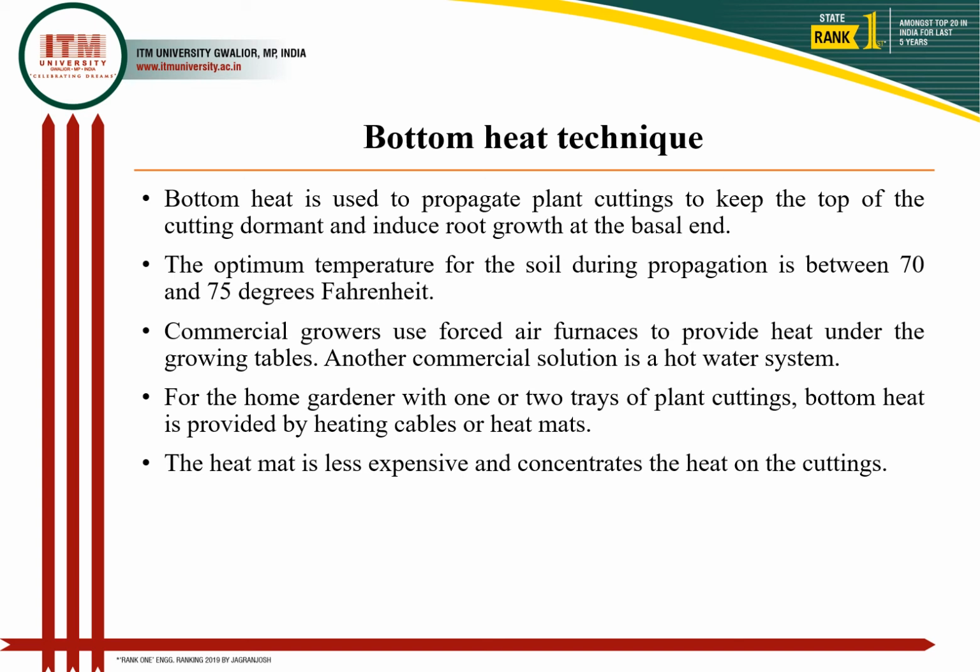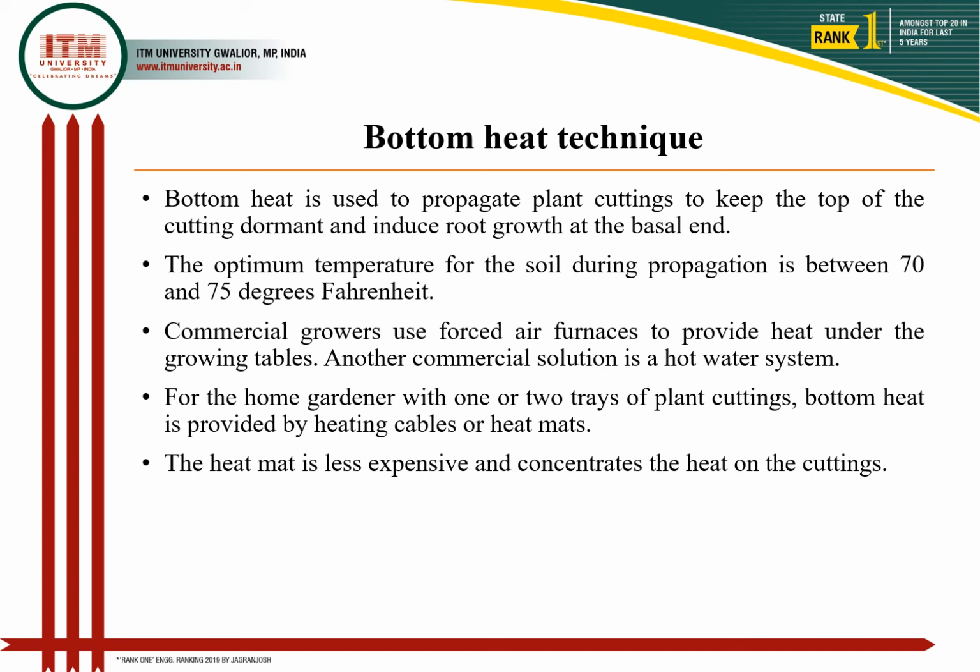However, it has been trialed and tested with cuttings, and successful results have been reported by many of the growers. And there are different methods to provide such heating. Commercial growers can use an air furnace to provide heat under the growing tables. Even a hot water system is another one.